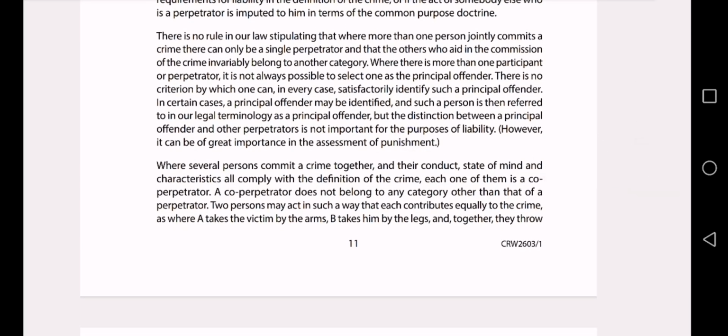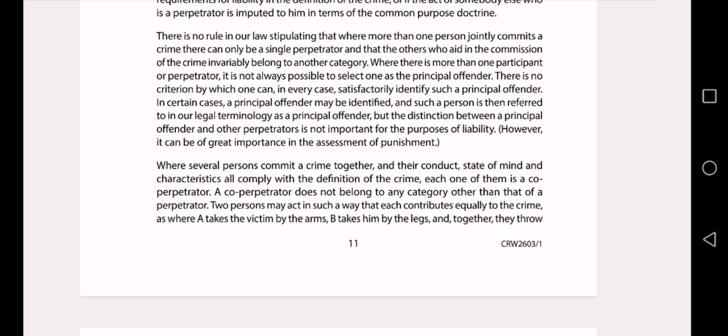There is no rule in our law stipulating that where more than one person jointly commits a crime, there can only be a single perpetrator, and that the others who aid in the commission of the crime invariably belong to another category.